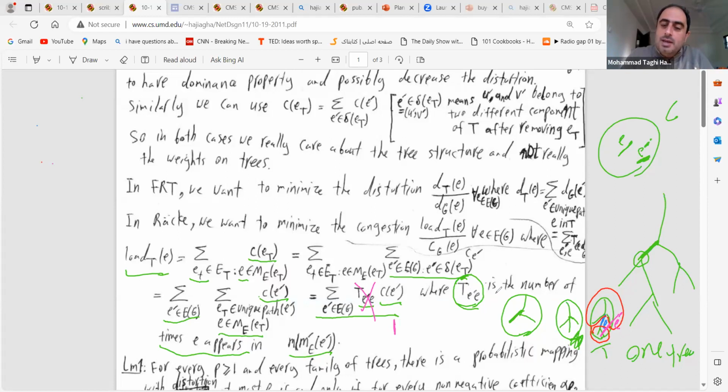So here you sum over all edges in the graph whose path goes through E. It means that when you remove this E, you have this partition of vertices into two sets, and the edges going from one partition to another indeed give the capacity of the cut. So the whole formula would be C of E in the tree.